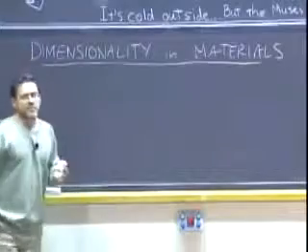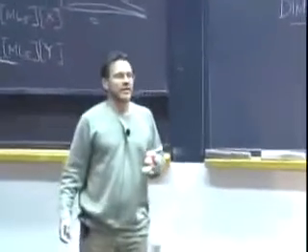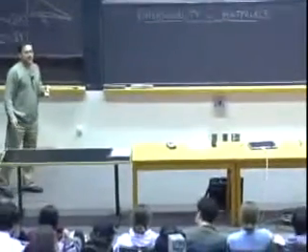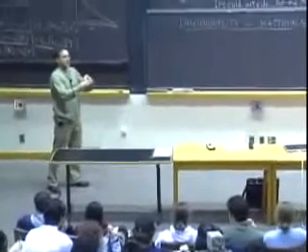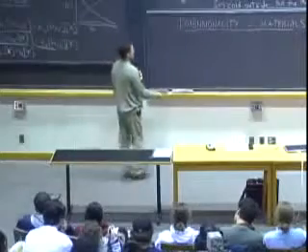And I want you to keep in mind the framework with which we have been discussing chemical bonding all throughout this semester, because we're going to extend that today to try to understand some of the properties of systems that aren't molecular but extend infinitely in some number of dimensions.